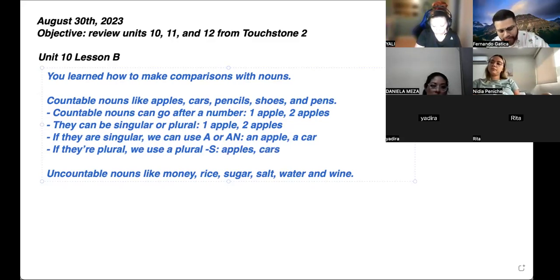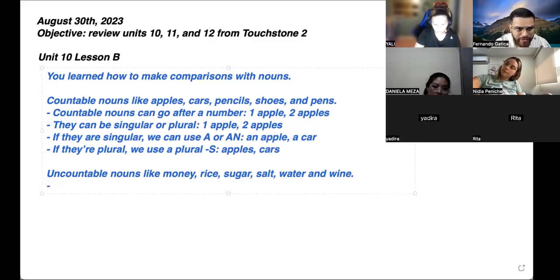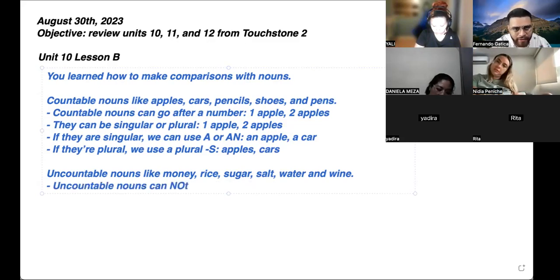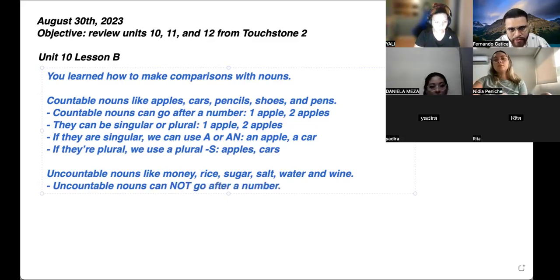Now, uncountable nouns, they are completely different. Uncountable nouns cannot go after a number. Por ejemplo, decir 1 money or 2 money is not correct. You can count pesos, you can count dollars, soles, but you cannot count the word money.